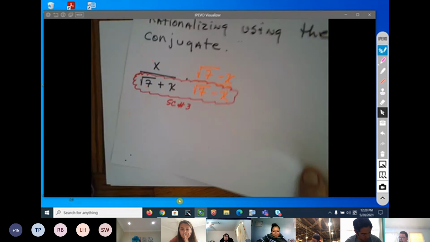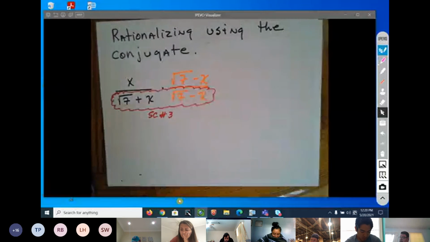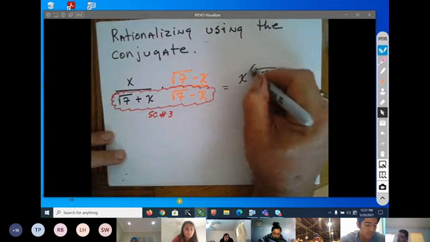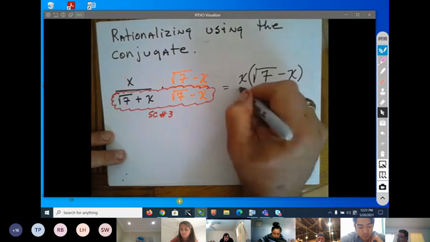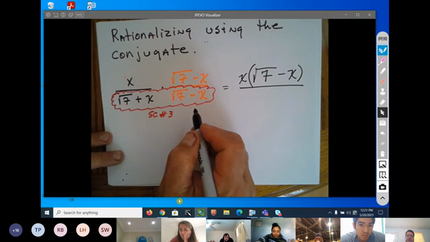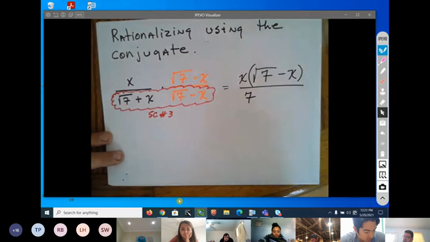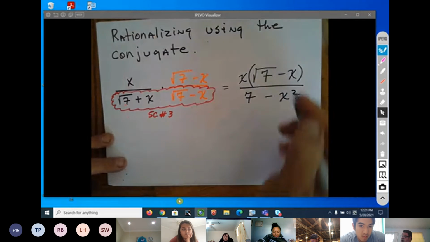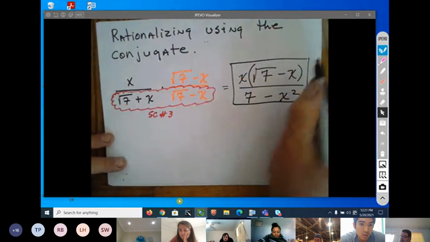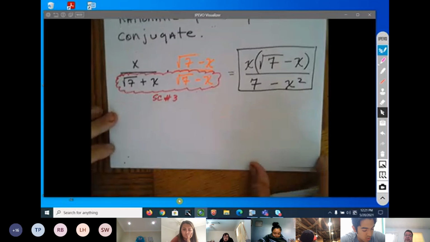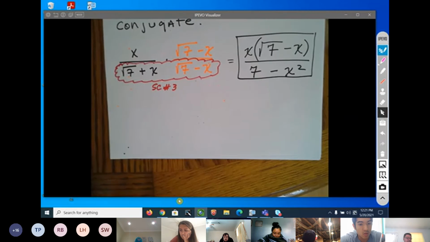All right, so here we go. So that's going to be x times the square root of 7 minus x over the square root of 7 times square root of 7 is square root of 49, which is 7, minus x squared. And that is how you rationalize the denominator. Now you can also rationalize the numerator. Let me think up a problem.